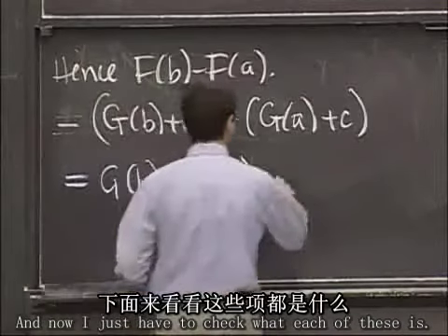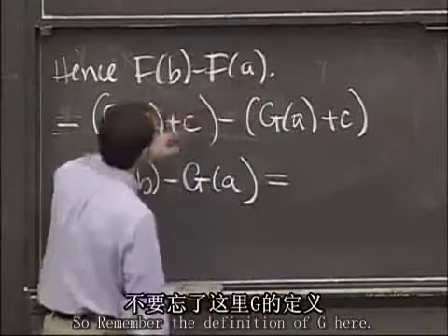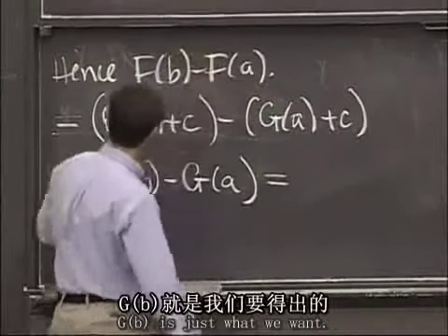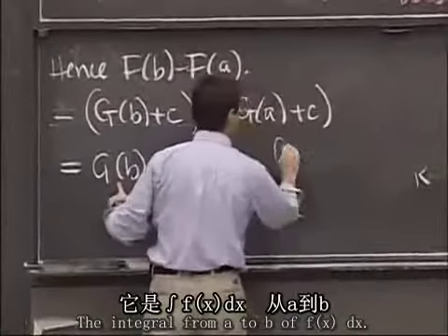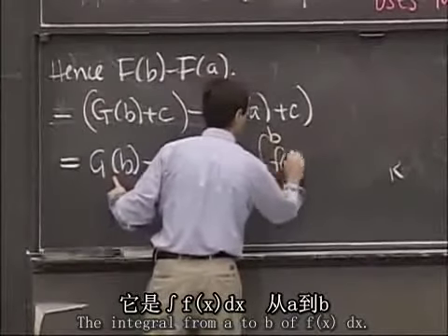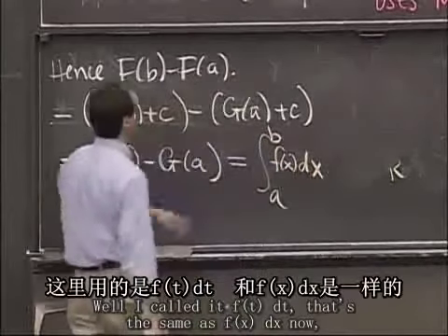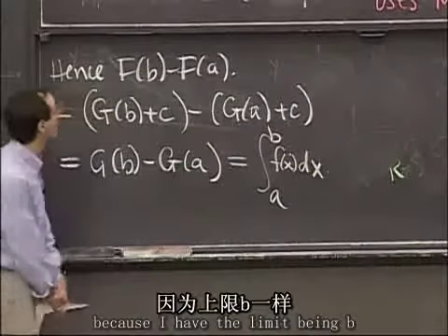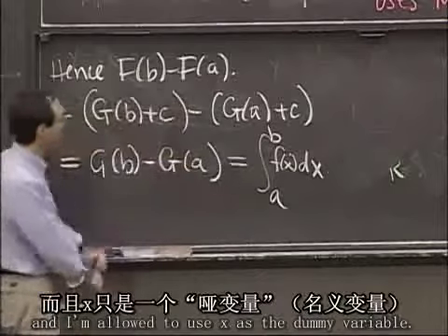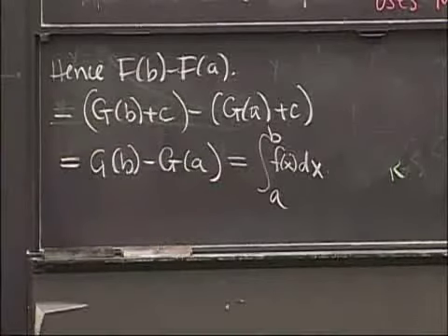And now I just have to check what each of these is. So remember the definition of g here. G of b is just what we want, the integral from a to b of f of x dx. Well, I call it f of t dt. That's the same as f of x dx now, because I have the limit being b, and I'm allowed to use x as the dummy variable.